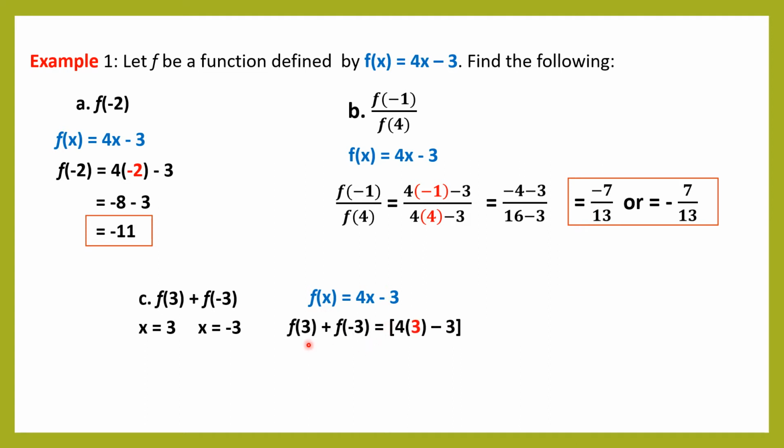This is the first value of x plus f of negative 3. So we'll have here 4 times 3 because this is the first value of x. Then minus 3. Yung second naman ay plus 4 times negative 3. This is the second value of x, minus 3.